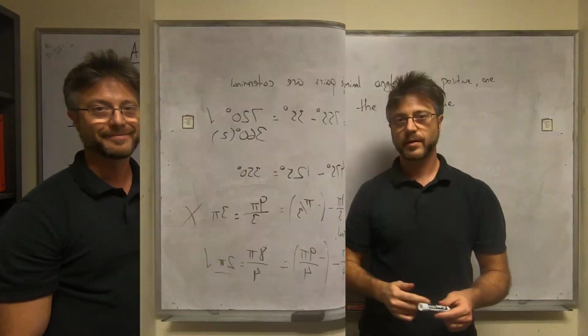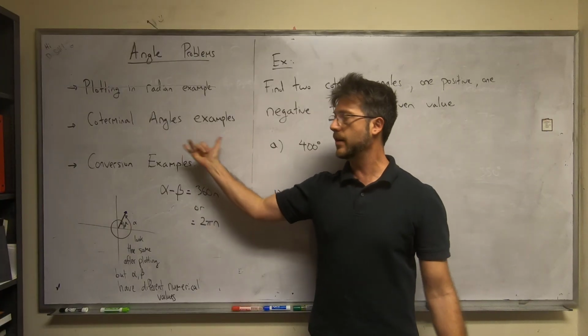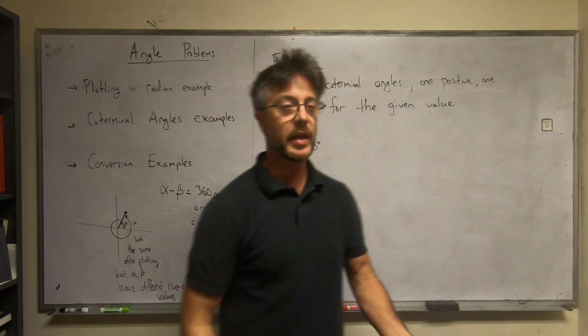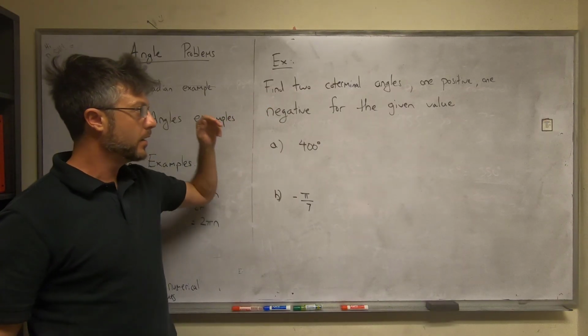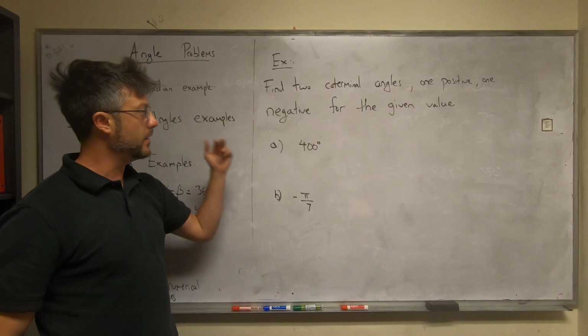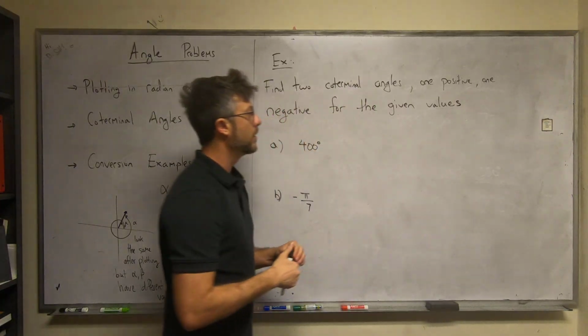There you have it. All right, so here is our second and then final problem model involving coterminal angles. Namely, you could be asked to find two coterminal angles, one positive and the other negative, for the given values.